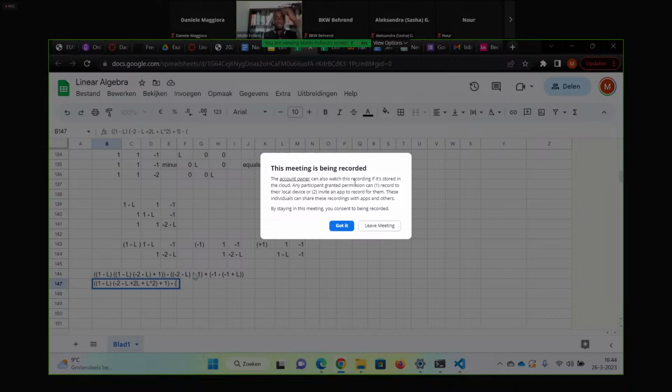If I break the inner bracket, the only computation that I should do is saying, okay, -2 plus 1 is -1. Right, and the minus lambda stays because there's no term that can be added or subtracted from lambda. So I have my minus lambda, right?